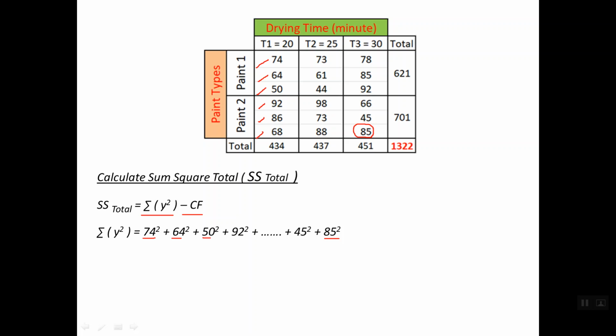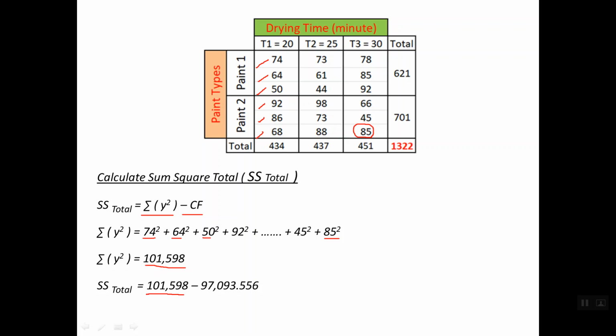And again, you can utilize Excel in order to simplify your calculation. So simply you will get the summation of the squared observations to be 101,598. Now we can calculate the SS total. Simply subtract the correction factor from this value.